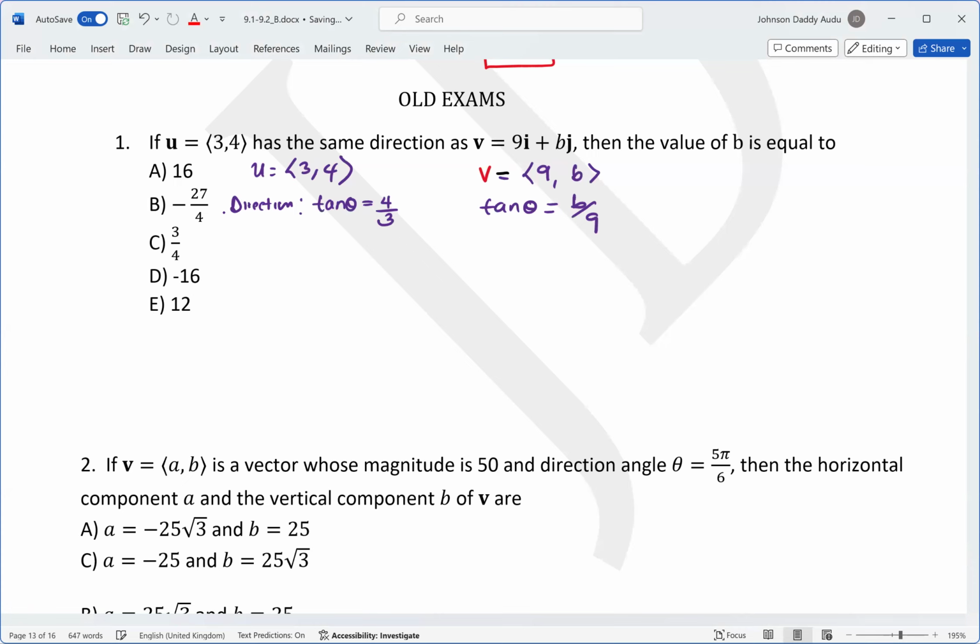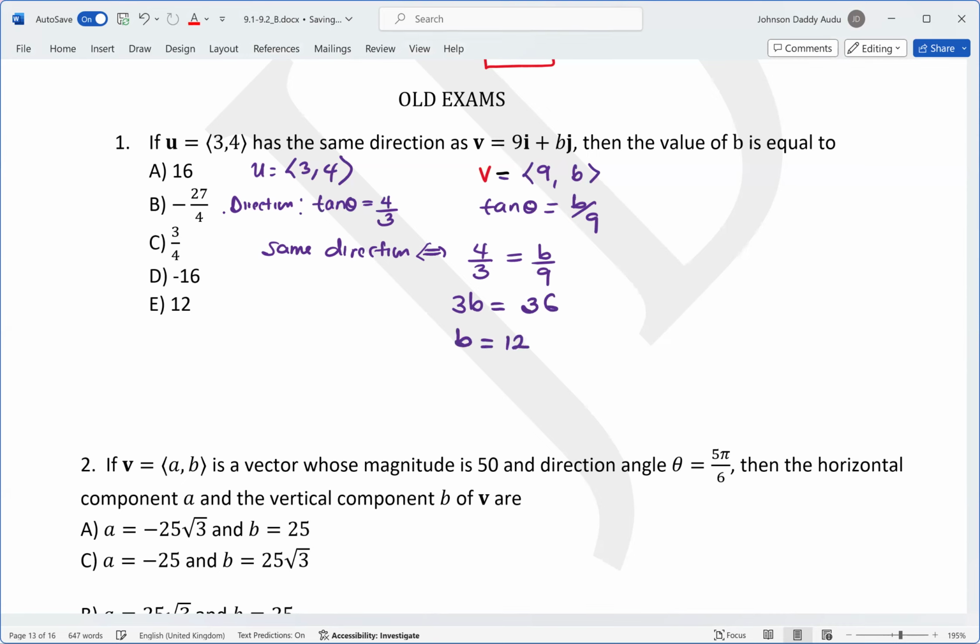So we can say that the same direction implies that 4/3 has to be B/9. And from here we'll have that 3B is the same thing as 36.